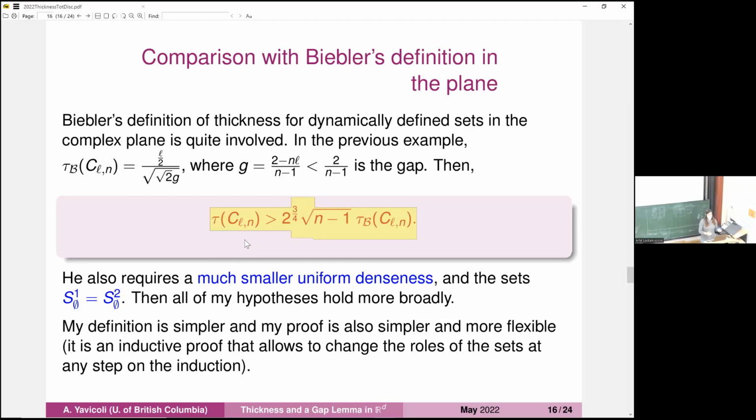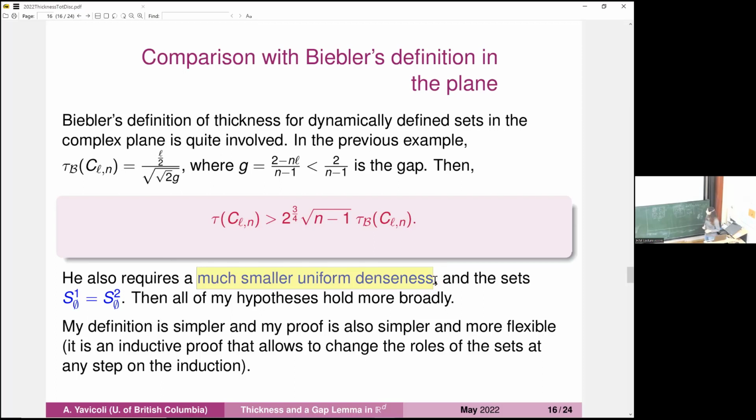So my thickness is way bigger, at least for many examples. And that's very good, because when we are trying to prove that something is useful to apply the Gap Lemma, we have a condition that is the product of 2 thicknesses being larger than something. With Biebler's thickness, this is small. With my thickness, it's bigger. So this is better. Well, he also requires a much smaller uniform denseness.